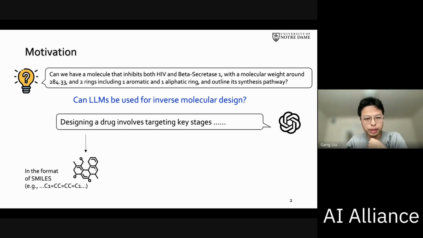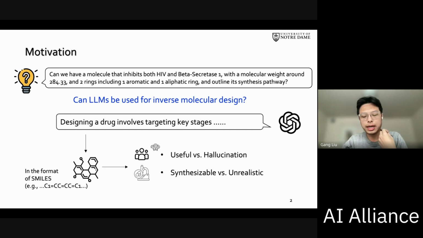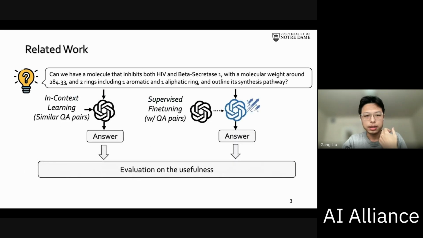So we can input this question into a large language model and get a response. Then we can extract the molecular structure from this response. Typically, the large language model will output the molecular structure in the format of a SMILES string, like a sequence of atoms and bonds. Then with this structure, we can evaluate whether these molecules are useful and whether they are synthesizable or not.